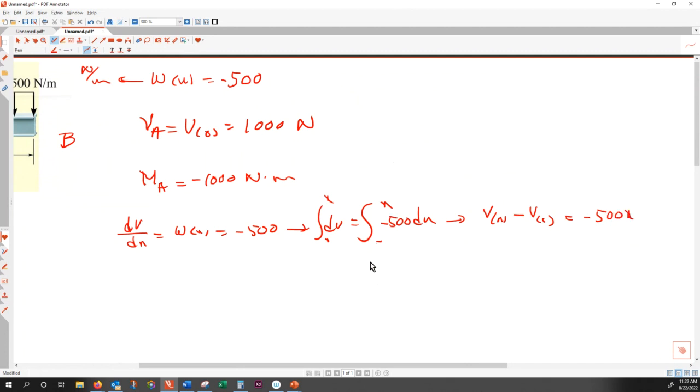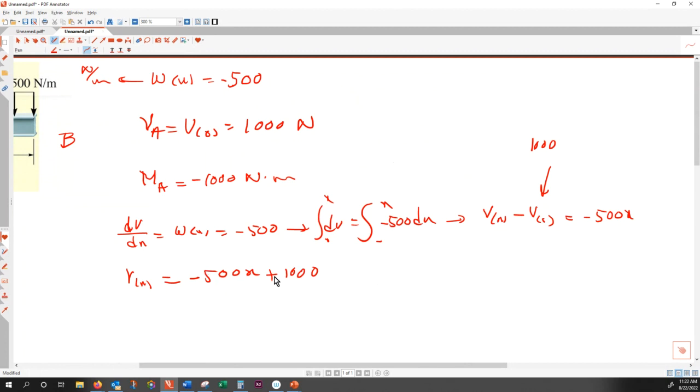Okay, so V of 0 is what? V of 0 is 1000. All right, that is V of A. So therefore, my expression for V of x becomes, taking this to the right hand side, minus 500x plus 1000.